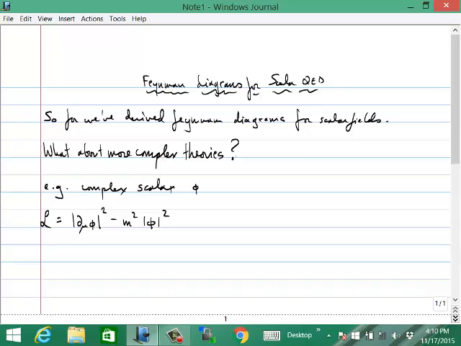So the free complex scalar field, actually, let me rewrite this explicitly so that we've got all of our phis and phi bars. So you have a kinetic term, d mu phi bar d mu phi, and then you have a mass term. And then you could imagine adding various sorts of interactions to the theory. So I'll call L int the various interaction terms.